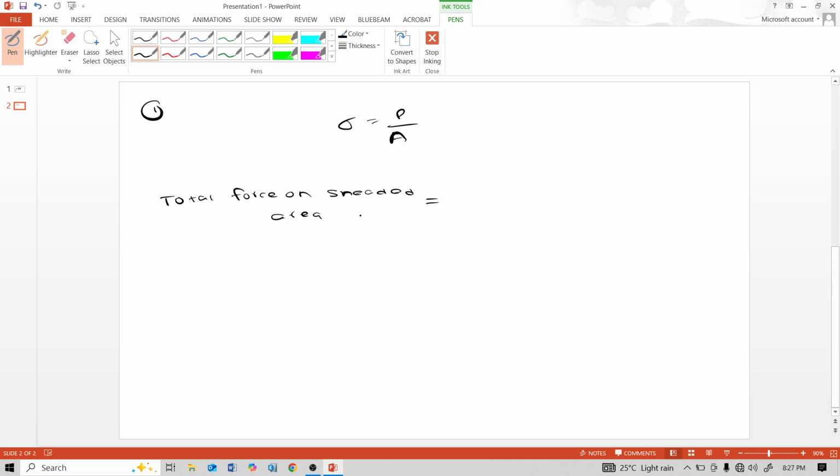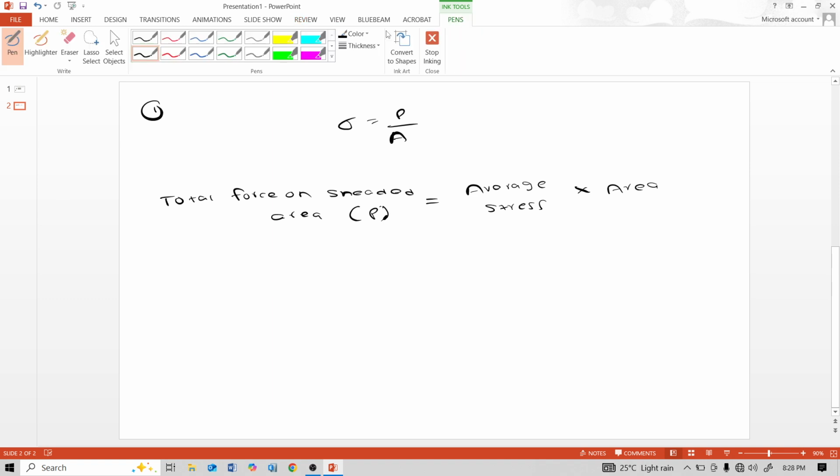This total force, let us assume this as P, is sigma into A, where sigma is the average stress, multiplied by area.